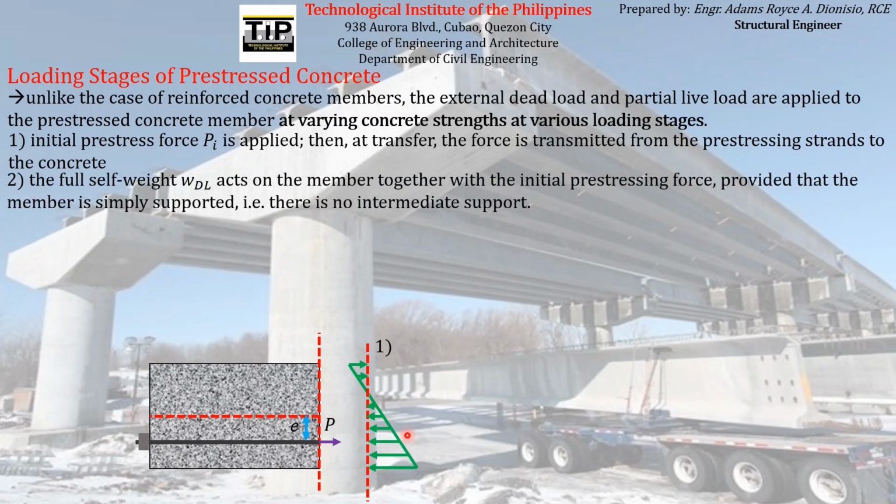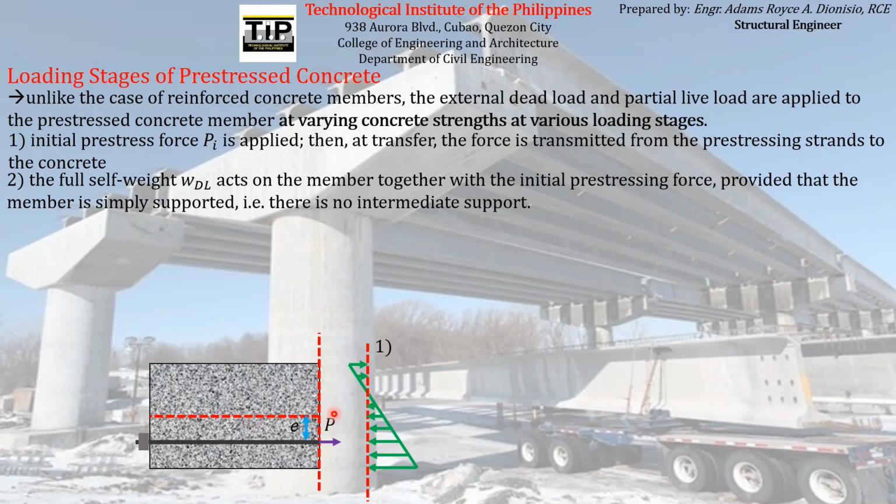After that stage, the full self-weight W sub DL acts on the member together with the initial prestressing force, provided that the member is simply supported, i.e. there is no intermediate support.